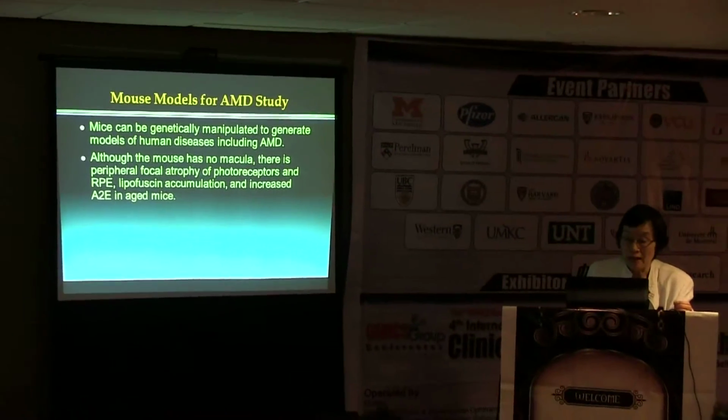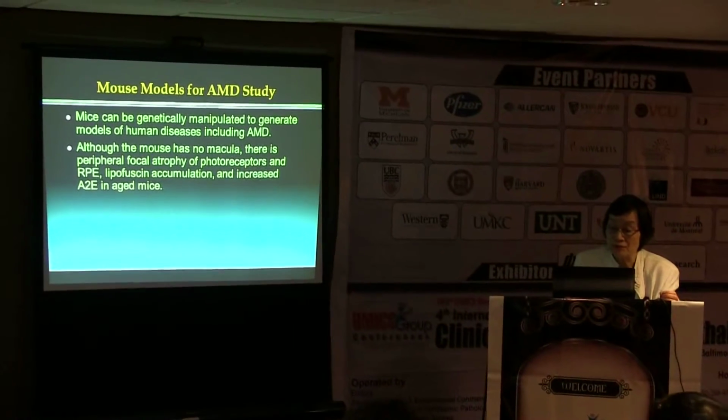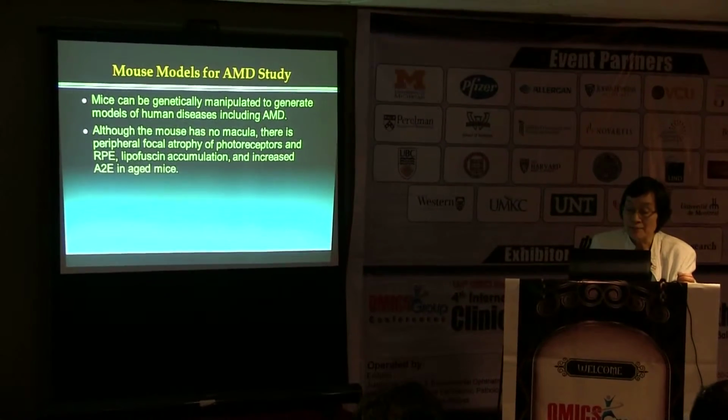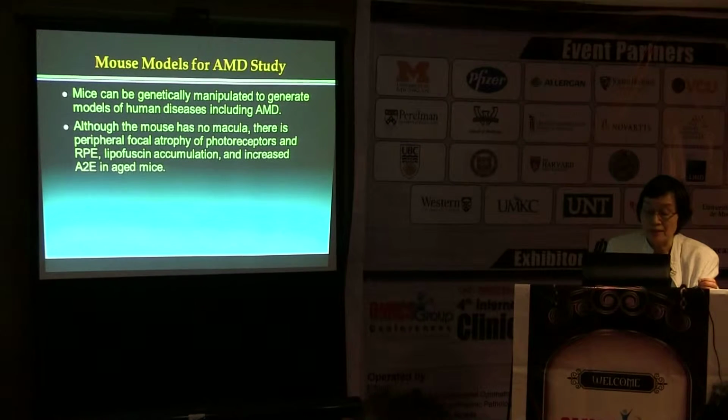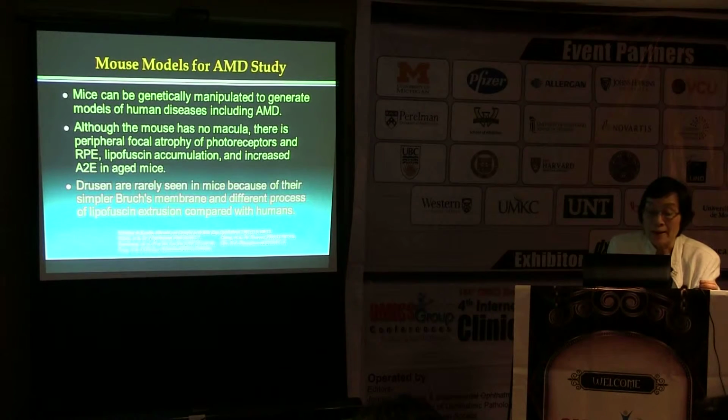Although the mouse has no macula, there is peripheral focal atrophy of photoreceptor and RPE, lipofuscin accumulation, and increased A2E in aging mouse. Therefore, you can still get some features similar to human.